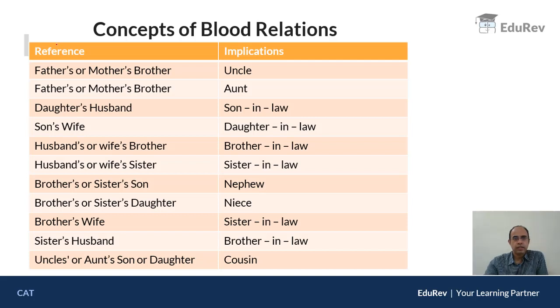For your usage, I have given a blood relationship chart wherein all the major relationships in English have been depicted. You need to just go through it and revise these relationships.